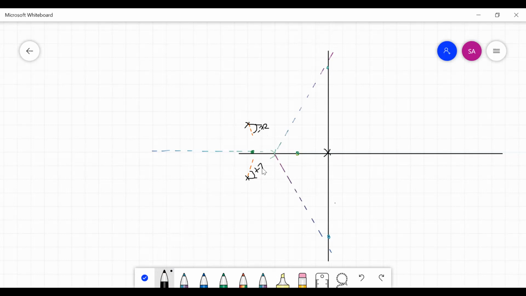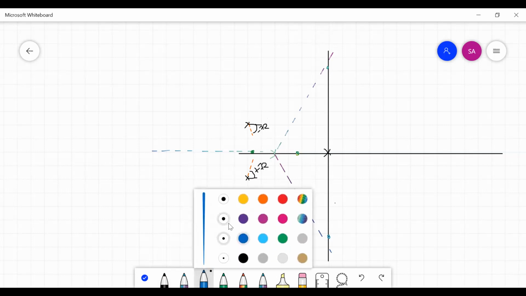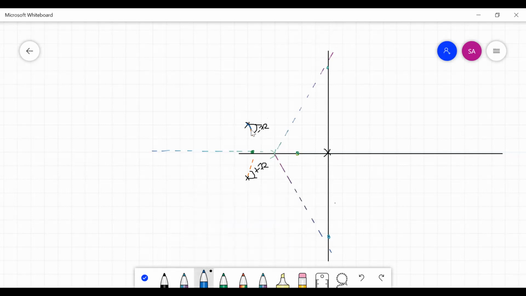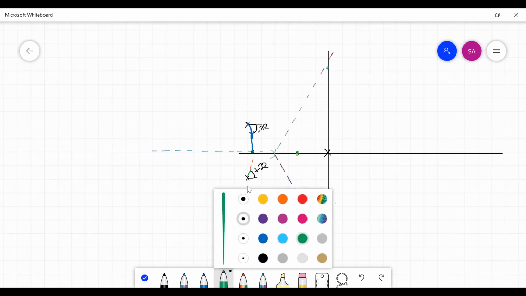Both are angles of departure because the root locus is coming out from there. One pole comes out like this, making an angle of 72. It comes and meets this. There is one more pole from which the root locus comes out.